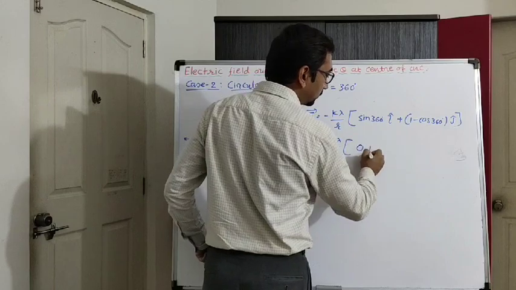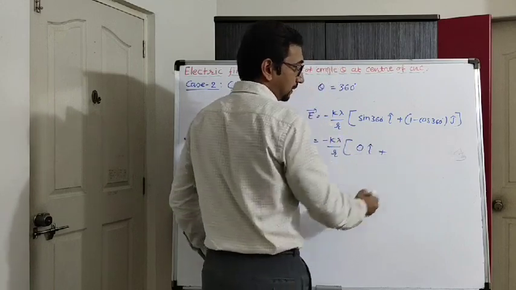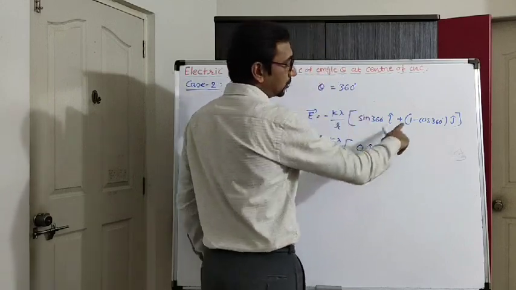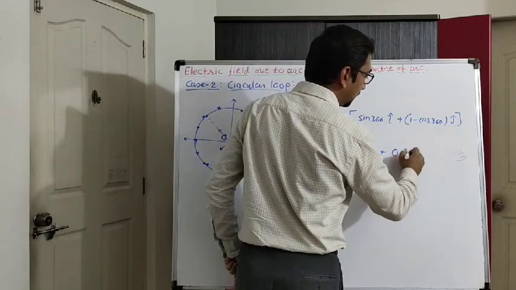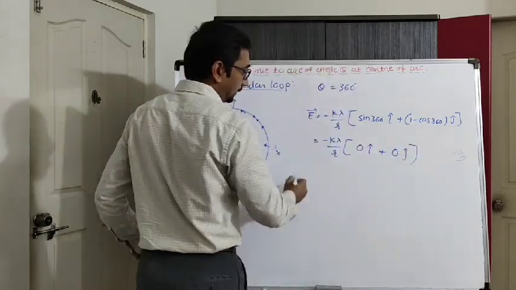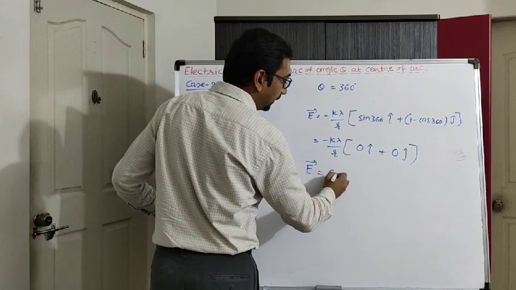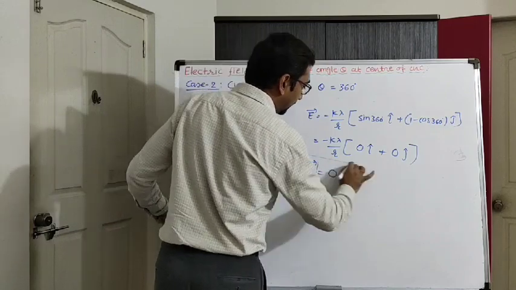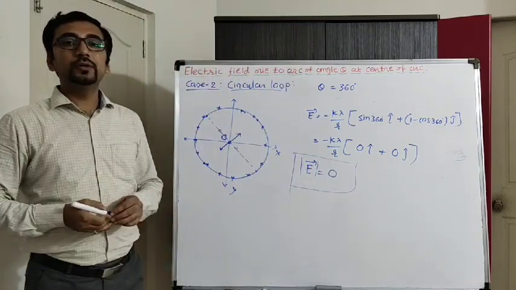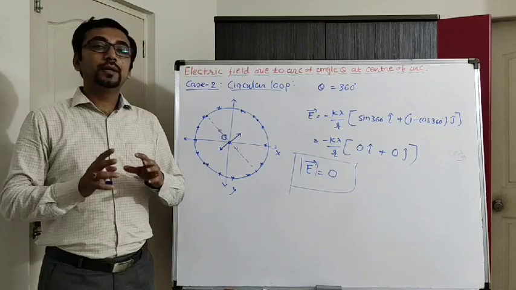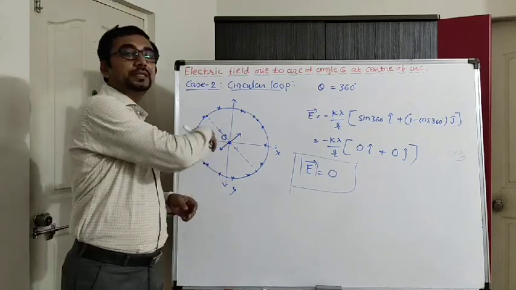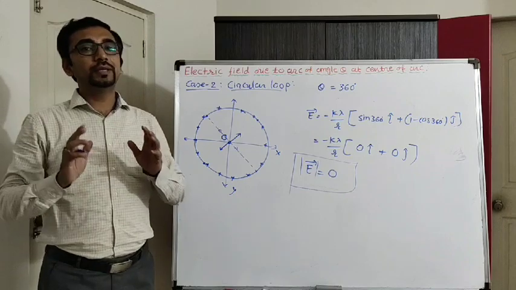Sin 2 pi is 0, so this will be 0 i caret plus cos 360 is 1. So 1 minus 1 is 0, so this will again be 0 j caret. So finally the electric field is 0.